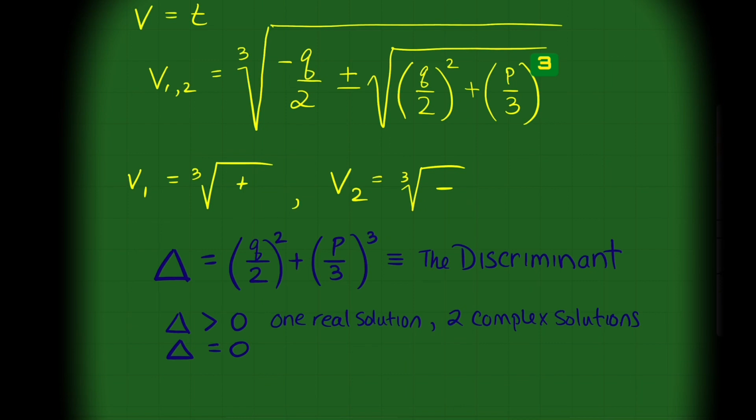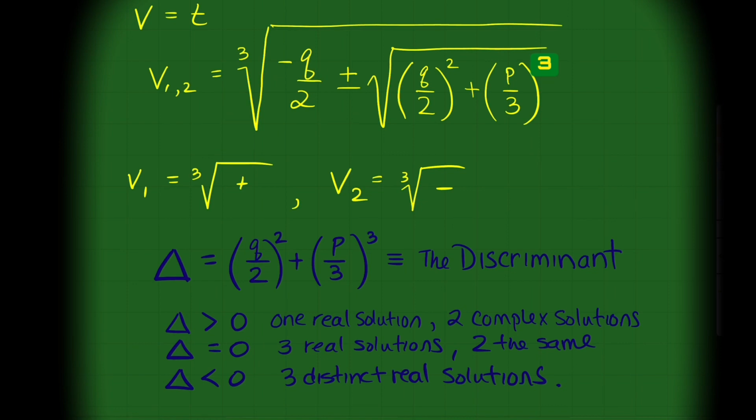If the discriminant value is 0 exactly, then we will have three real solutions, two of which will be the same, a duplicate. And then if the discriminant is negative, then we will have three distinct real solutions, and that's what we have in our case here.